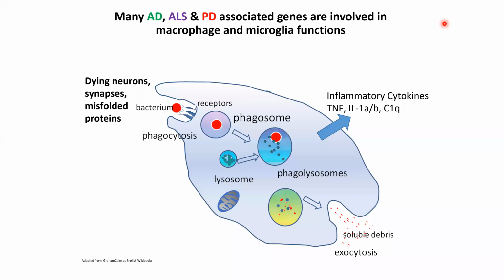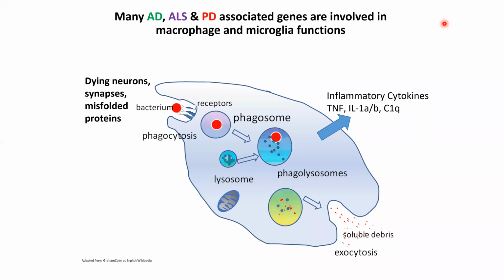This is their normal homeostatic function, but if they become inflamed in any way, because they are a professional immune cell, they will spit out inflammatory cytokines, and if this is not resolved in a timely fashion, then it can be damaging to the surrounding neurons. So it's the balance between these functions that needs to be very finely tuned and is part of what goes wrong during neuroinflammation and neurodegenerative diseases.